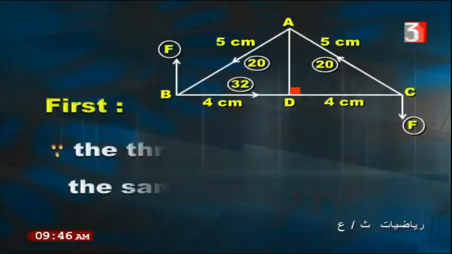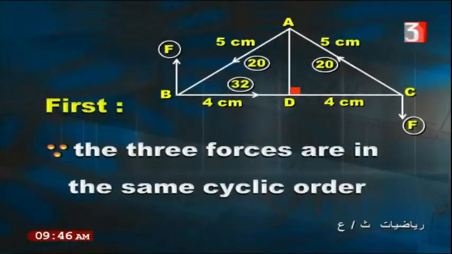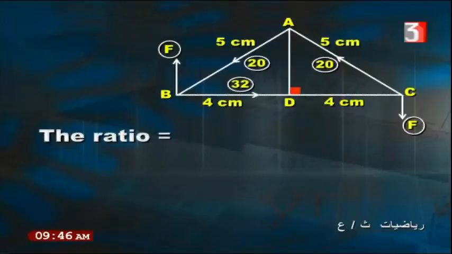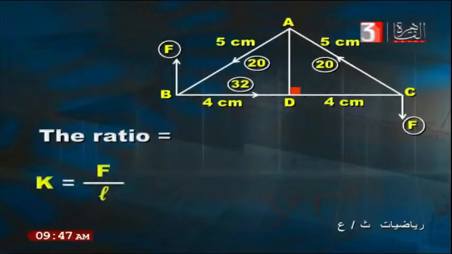Therefore, the 3 forces are in the same cyclic order. The ratio K equals F over L. Don't forget, my dear student, K is the ratio between the force and the side, not the side to the force. Remember, it's very important.